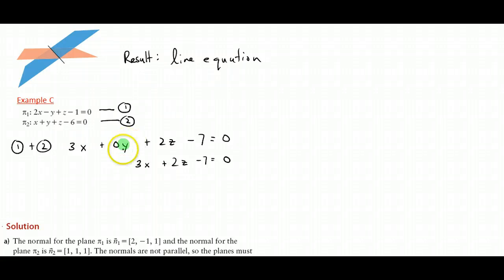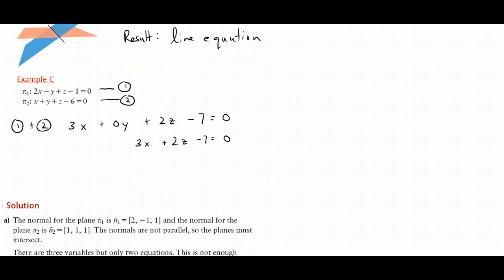And because the y variable has actually been eliminated, at this stage I would like to continue and figure out what one of these variables is equal to. If I could solve for either x or z, then I could go back and substitute in the previous equations to find the intersections. It seems like we're kind of cheating in a way.